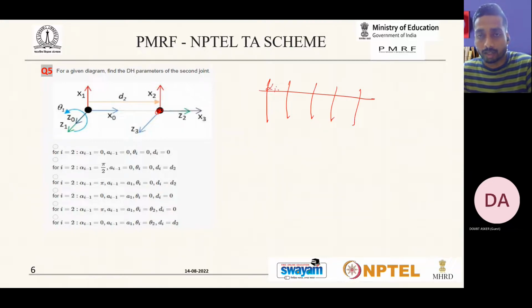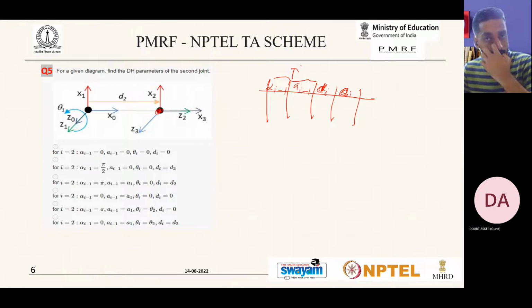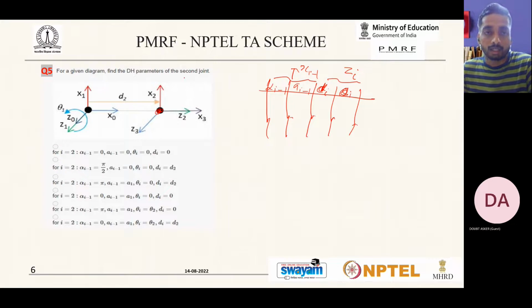One is alpha i minus 1 and a i minus 1, then theta i and di, or di or theta i, whatever order you can take. Now we know that these two are measured with respect to x i minus 1, and these two are measured with respect to z i, right? Now let us write these parameters for all, and then we'll simply check for the options which are available for the second joint.